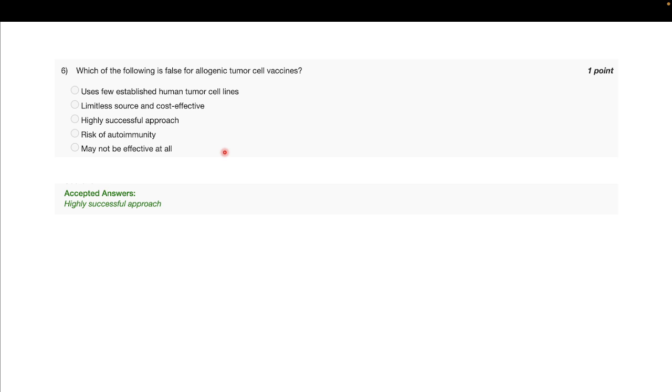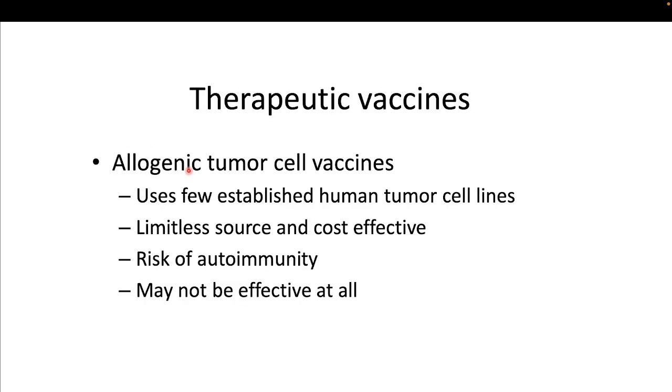So autoimmunity happens when your immune system is targeting your own cells. So this risk happens in the autologous tumor cell vaccines, and it may not be effective at all, which is actually true. Why? Because these tumor cell lines are developed from some other patient, right?